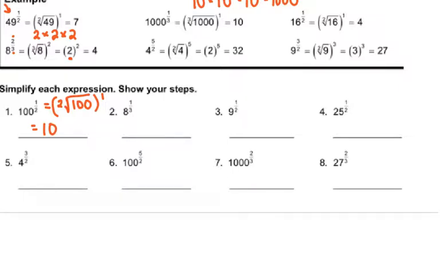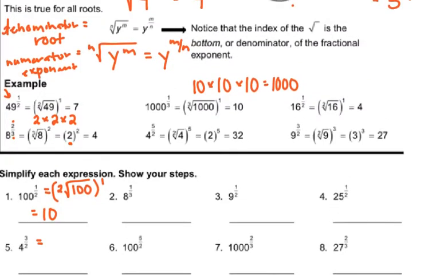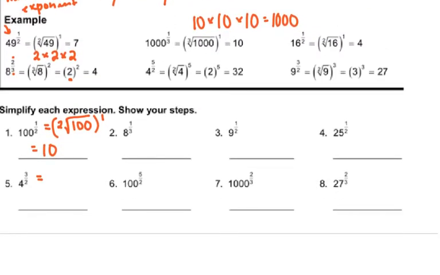Now we're going to consider this one. So again, we remember that, oh, sorry, my mistake. It just doesn't want to move for me. The denominator is the root, so 2 is my root, so the square root of 4, and then put that in parentheses because your numerator is going to be your exponent, and our numerator is 3, to the third power.